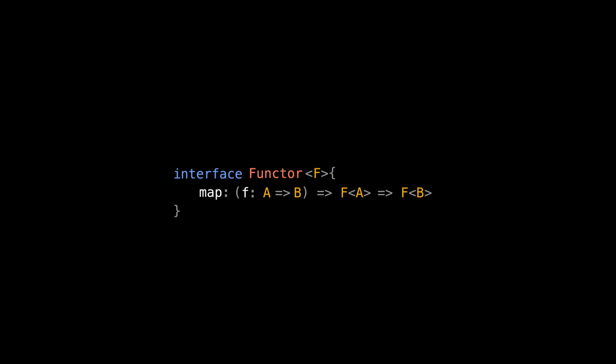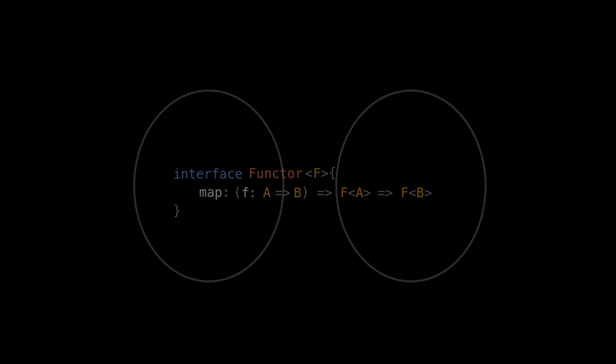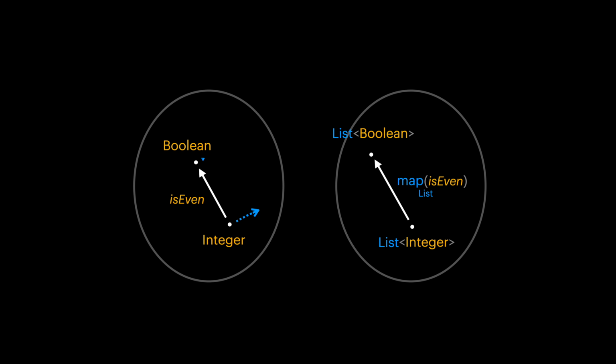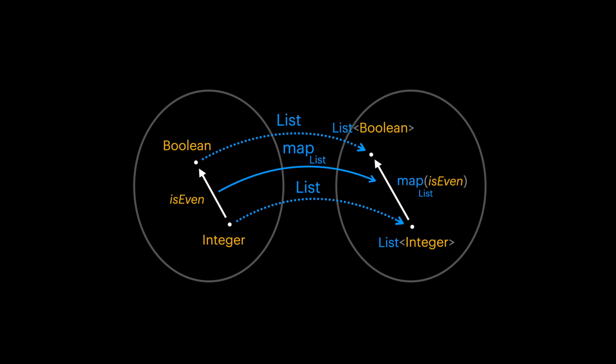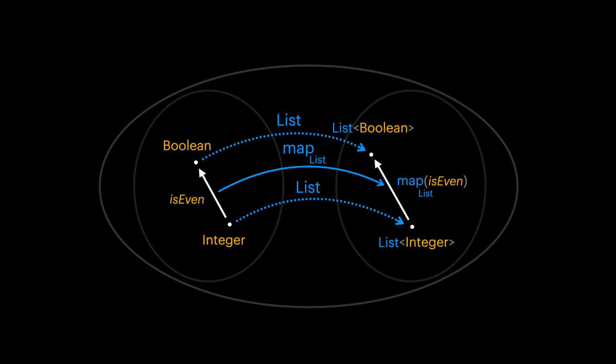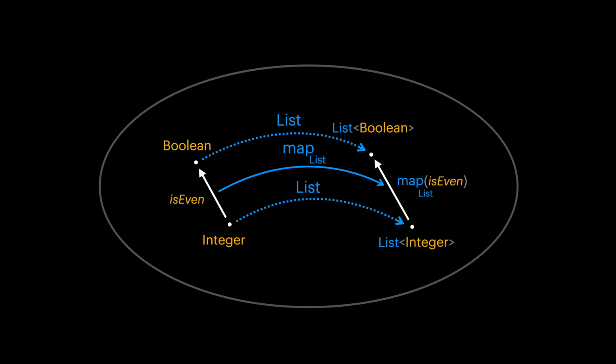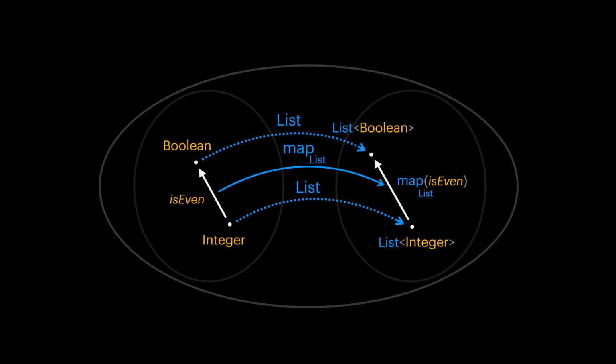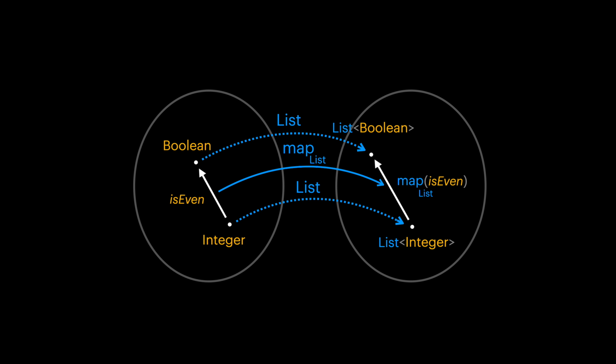In order to see this better, let's look at this from the category perspective. Considering our familiar isEven function, the List functor maps types and functions from the first category to the second one. We already know that in functional programming, we are dealing with a single category. However, to visualize things more clearly, let's imagine these circles as separate categories for now.